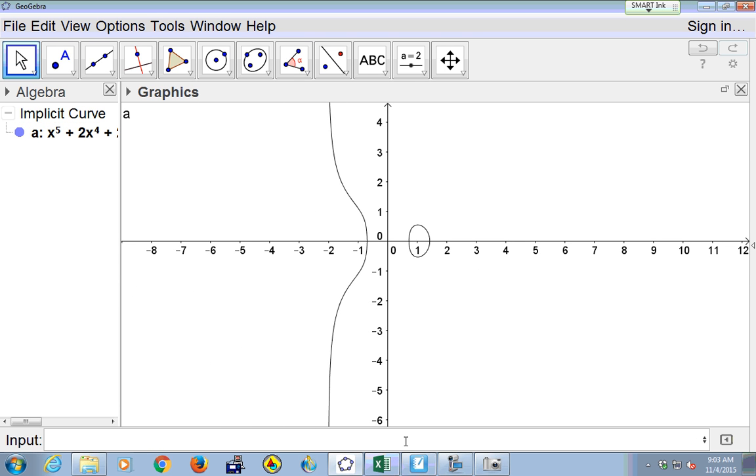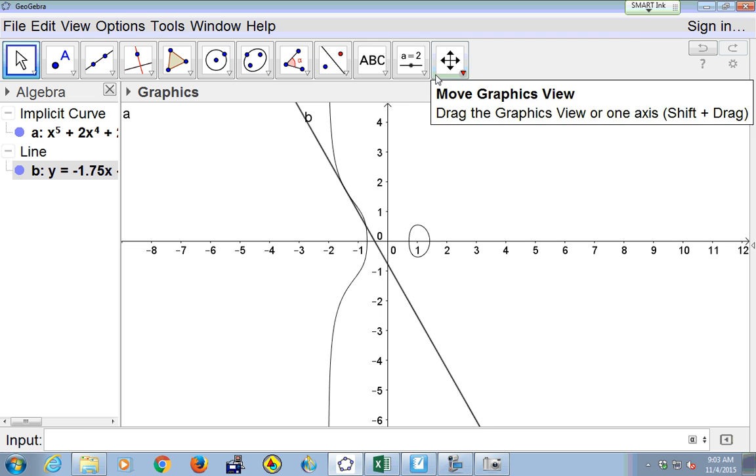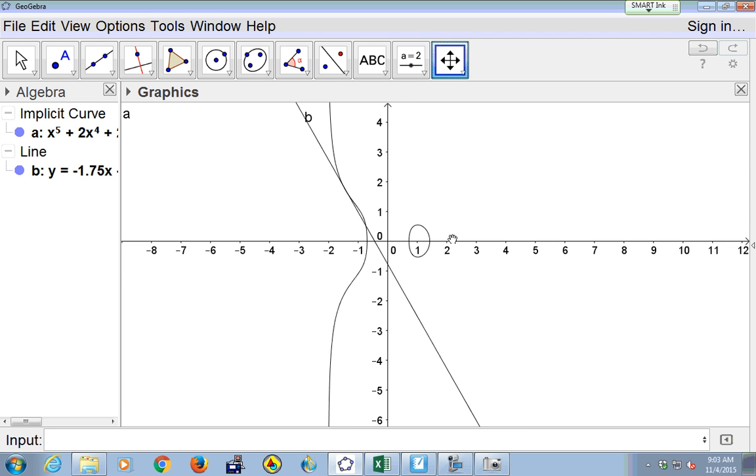And I'm going to graph the line that we just found. y equals -7/4 x minus 3/4. And -1, that looks a little funny. Yeah, it doesn't look like it's hitting my tangent point.